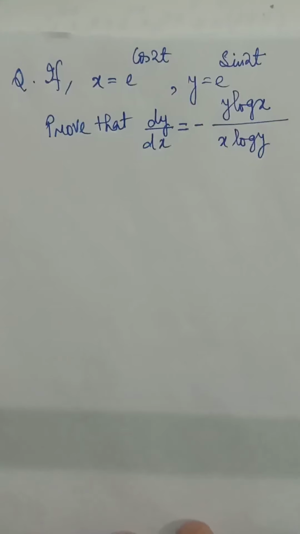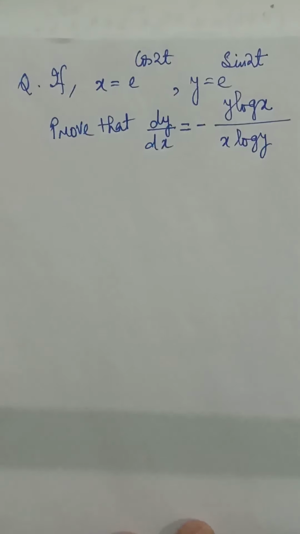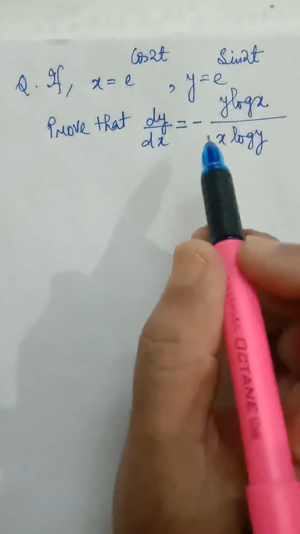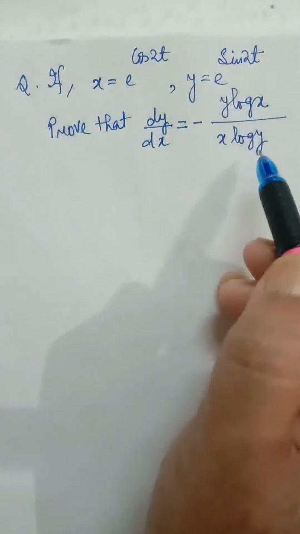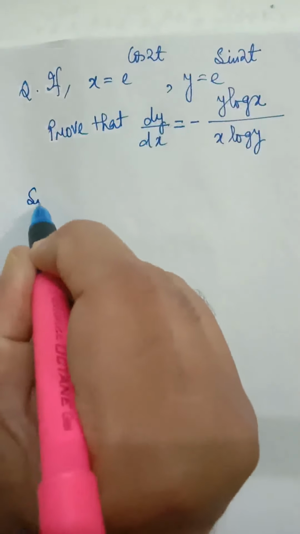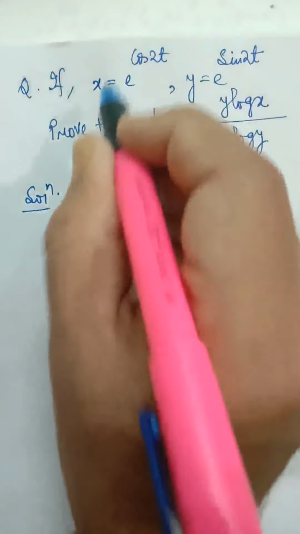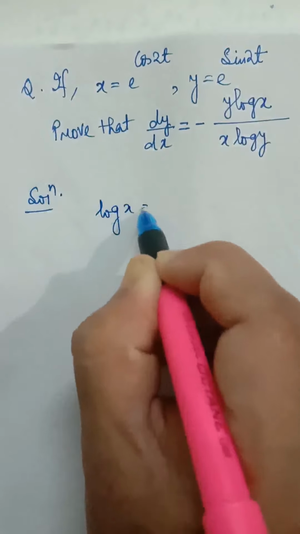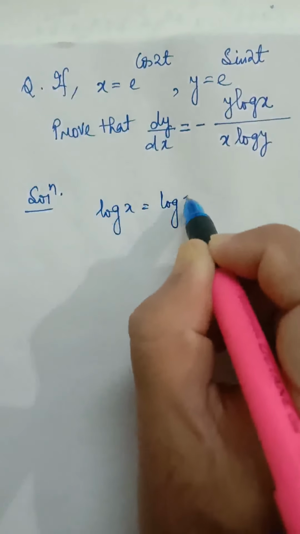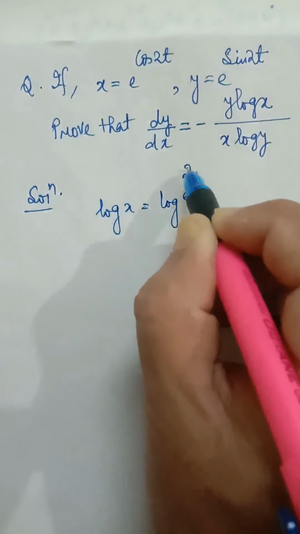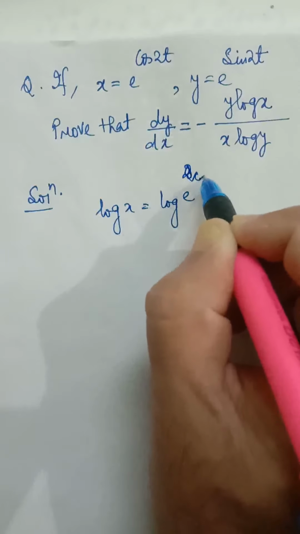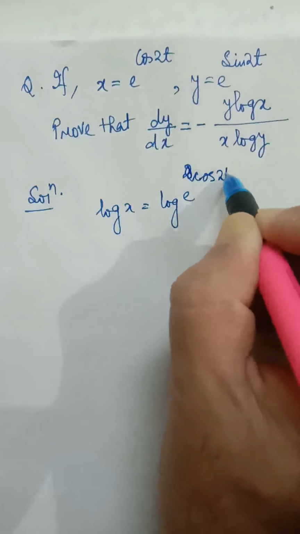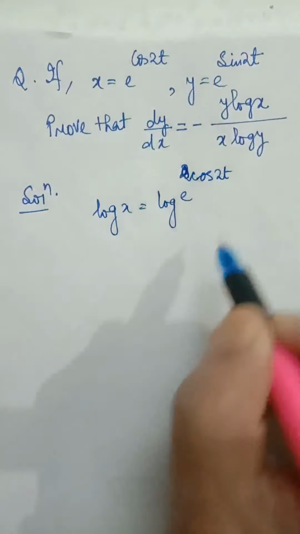Our next question is, if x equal to e to the power cos 2t and y equal to e to the power sin 2t, prove that dy by dx equal to minus of y log x by x log y. Now first of all, let me find log of x. X equal to this, log of x will be log of e to the power cos 2t.